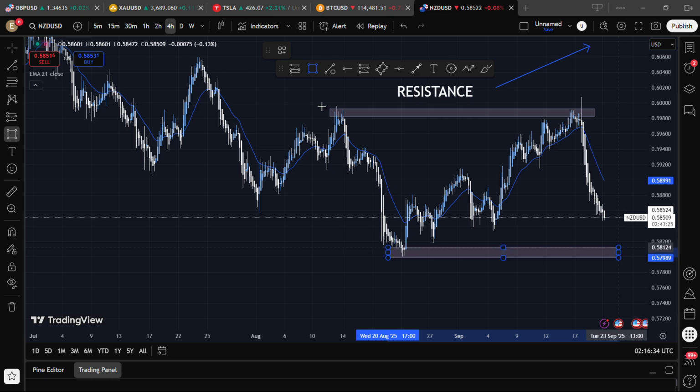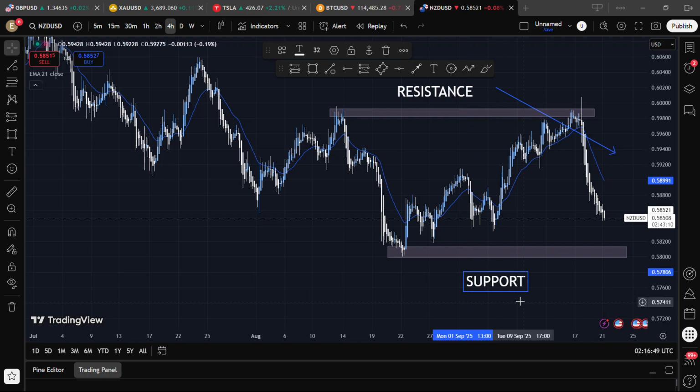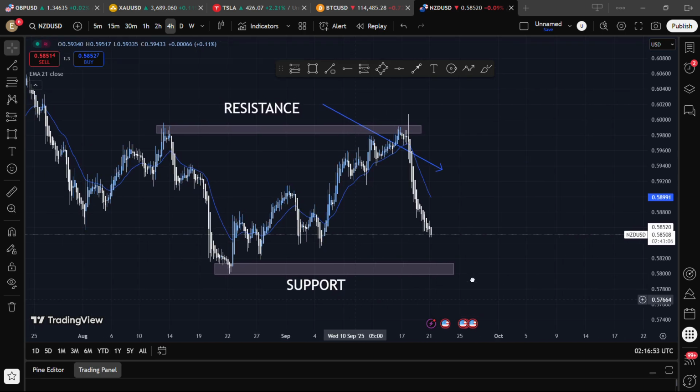This is my support. I mark this as support because it's a previous low. Let me also indicate this support. That's my support.